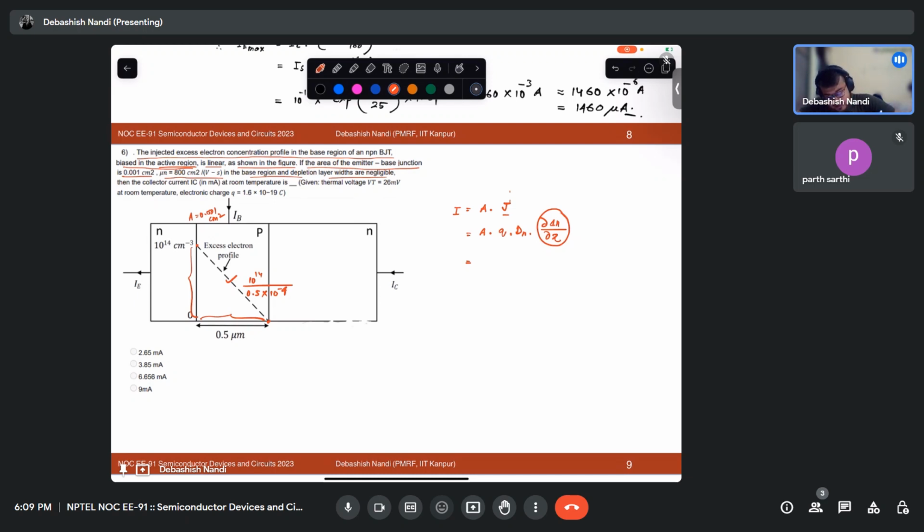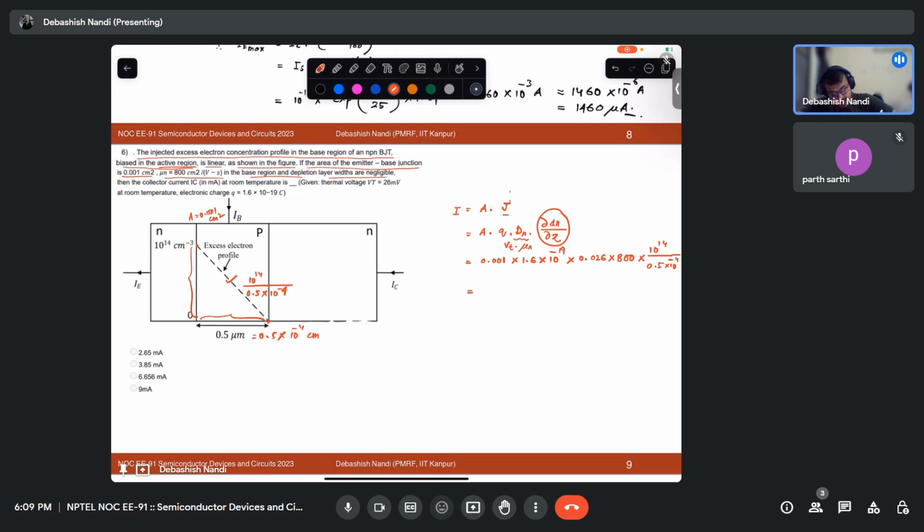The area is given as 0.001. This charge we know is 10 raised to minus 19. And from the Einstein relation, D is mu times VT, so this is 0.026. Mu is given to be 800 centimeter square per volt second. And this slope we have computed to be 10 raised to 14 over 0.5 into 10 raised to minus 4, in centimeter, because we are dealing with all the quantities in centimeter.